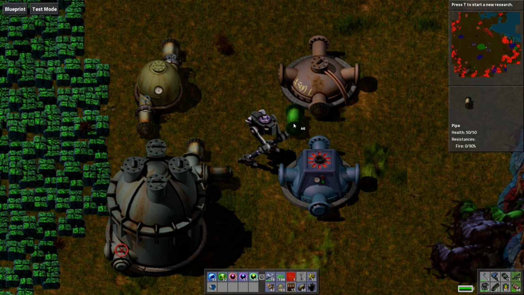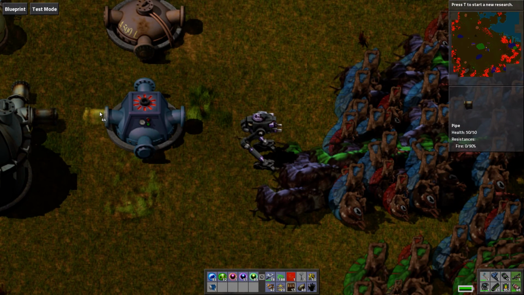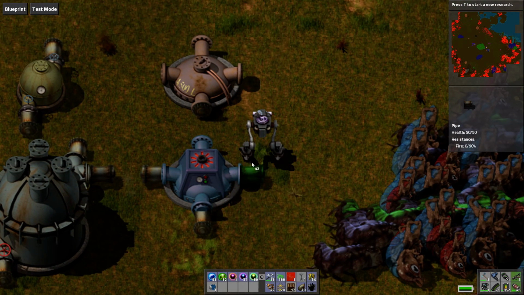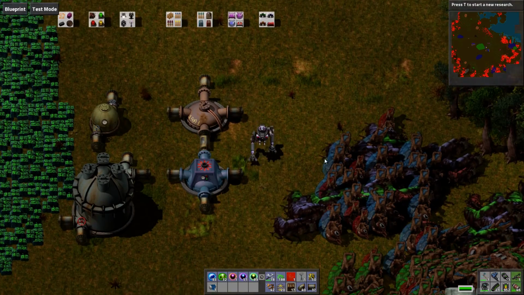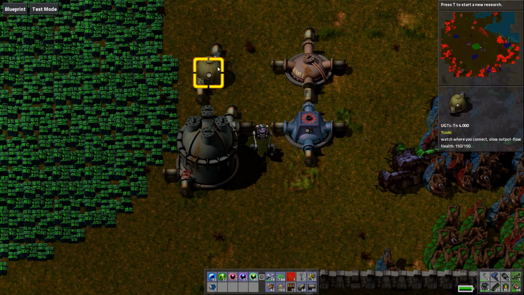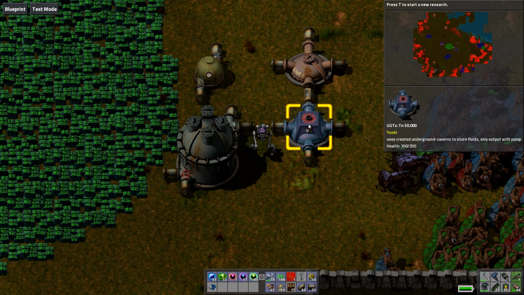They only have the up and down connections. This has a four-way connection, and this one just has connections on all four sides. Okay. So capacity-wise, this one is 4,000, this one is 15,000, 9,000, and 50,000. So that's quite a bit of fluid.